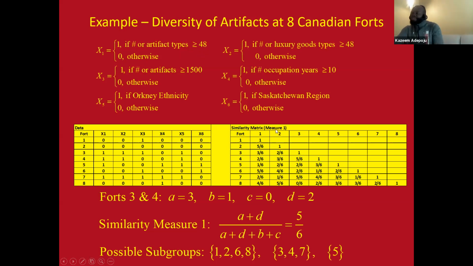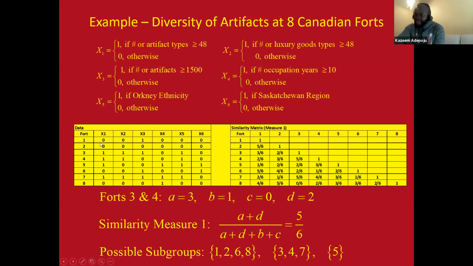So in a situation where all the variables are categorical in nature, and you have so many forts, they ask you to compare. The goal here is just to group 8 Canadian forts, and this is the data set you're given.